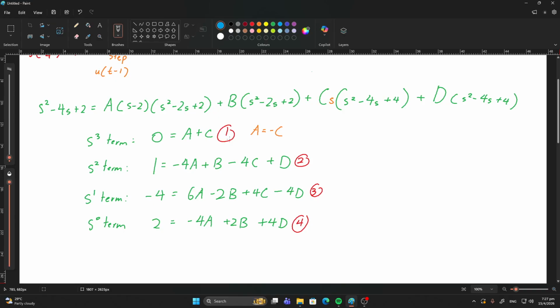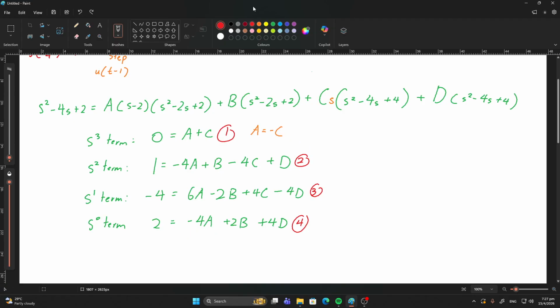We know that this negative D cancels out this positive D. This negative 2B cancels out this positive 2B. There is no C in the constant term, so we can play around with that. But this doesn't really help us, right? And that's where we use the first term.